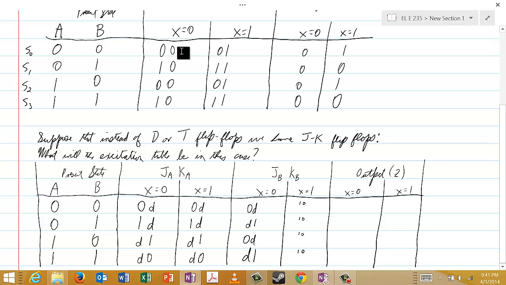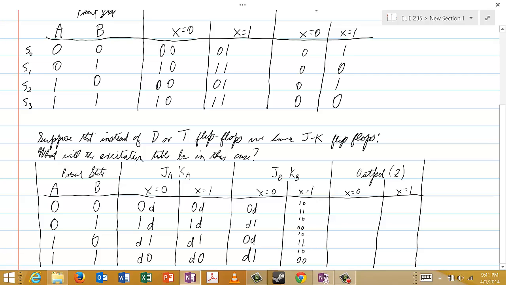Well, 0 going to 1 is a toggle, so we have 1, 1. 1 going to 1 is a case of staying the same, so that's 0, 0. 0 going to 1 is a toggle, so that's 1, 1. And 1 staying at 1 is 0, 0.